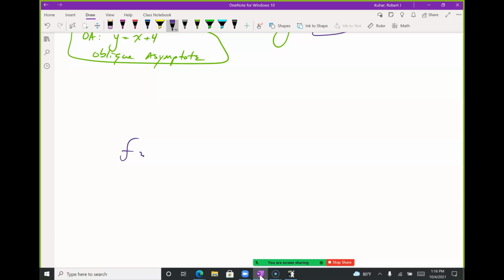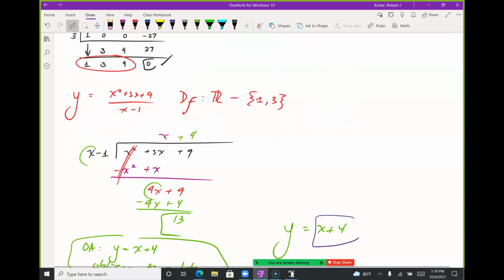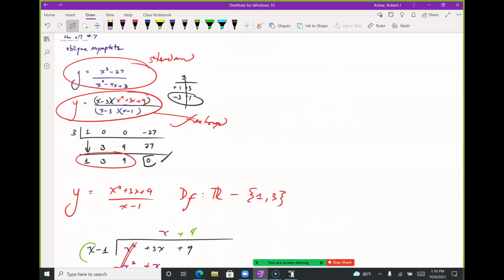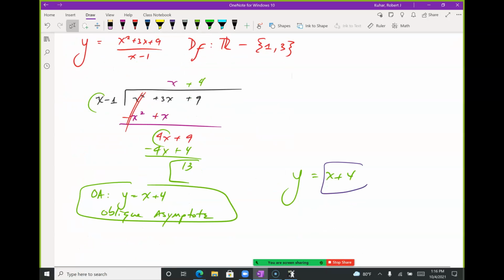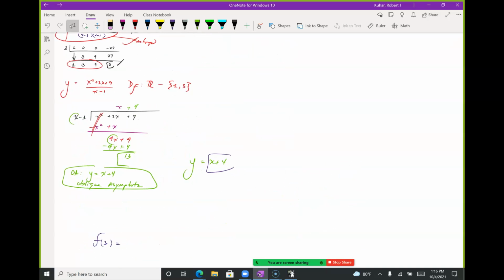Right, so we want to find the height of the hole in the reduced equation or the original equation. I'll use the reduced. 3 squared plus 3 times 3 plus 9 over 3 minus 1. So 9, 18, 27 over 2.